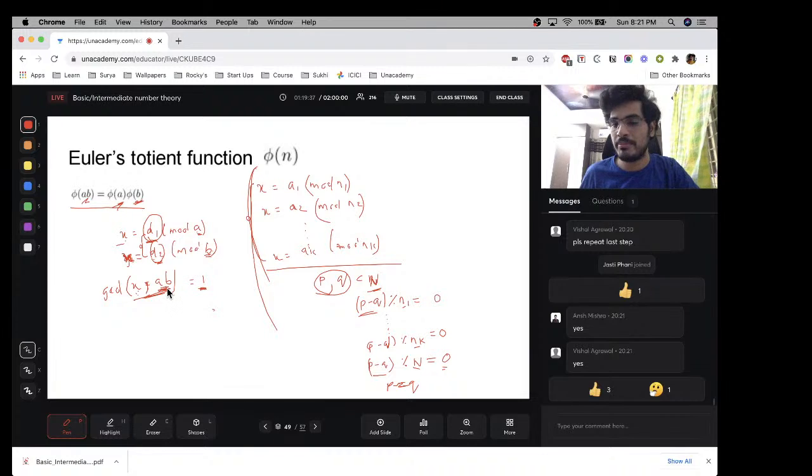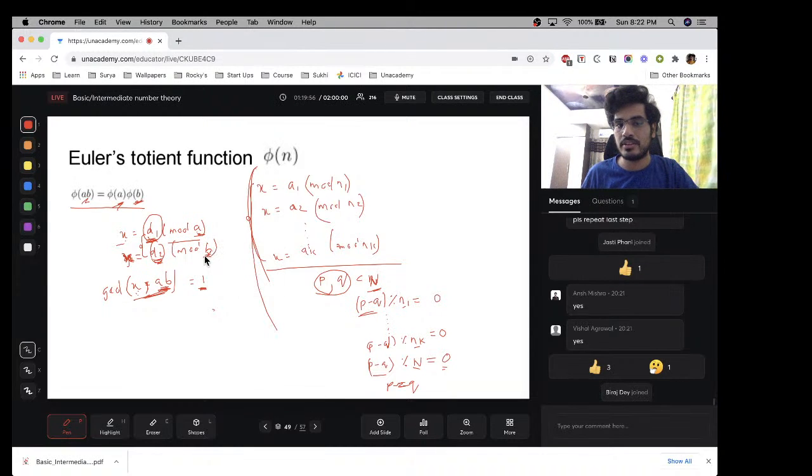Since x is coprime to a into b, x is also coprime with a. d1 will also be coprime to a. Since x is coprime to a into b, x will also be coprime to b. That way, d2 will also be coprime to b. So each pair d1, d2 corresponds to only one x less than ab.